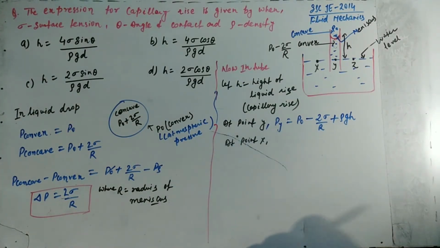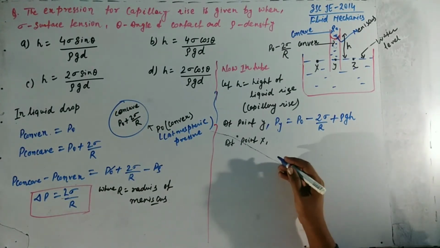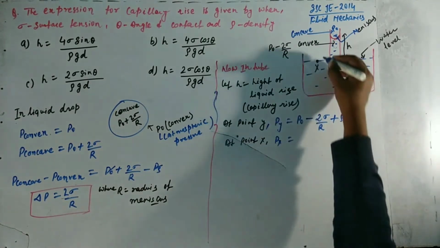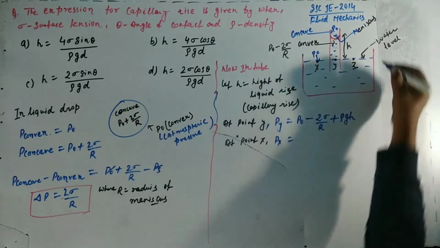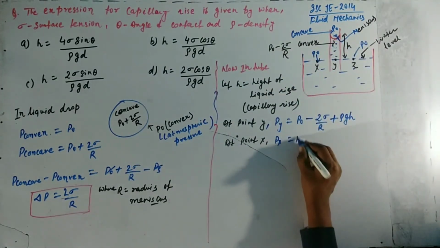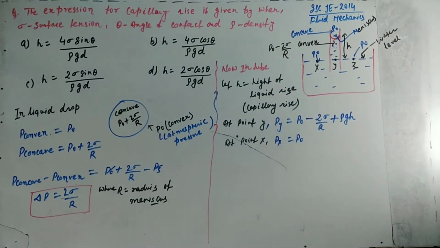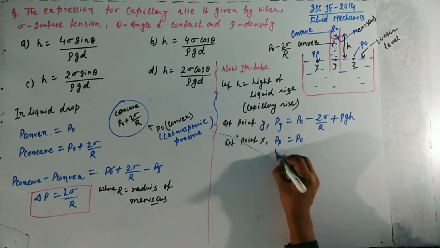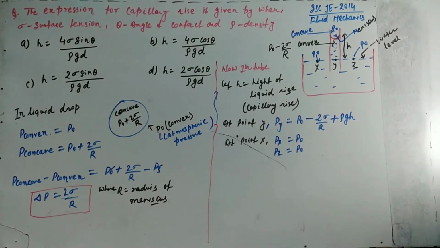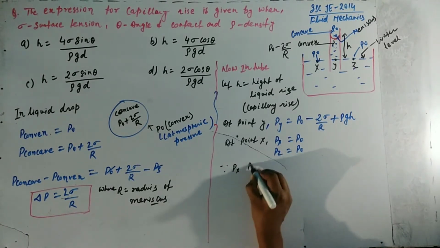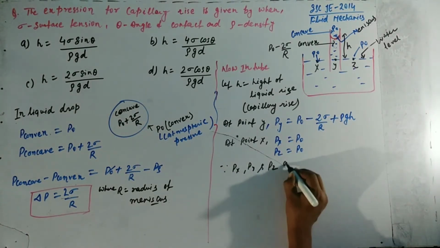Now at point X, atmospheric pressure acts, so Px equals only P naught, and Pz equals P naught also, because atmospheric pressure acts here too.